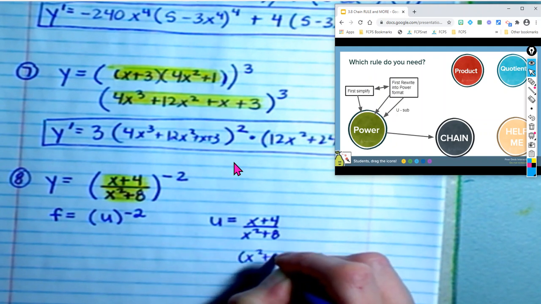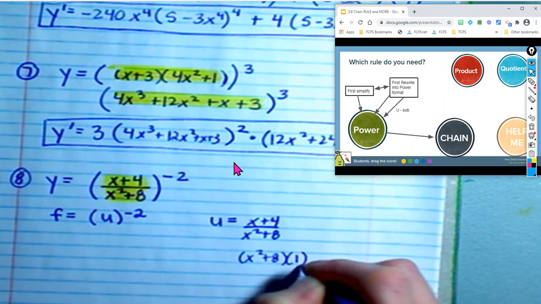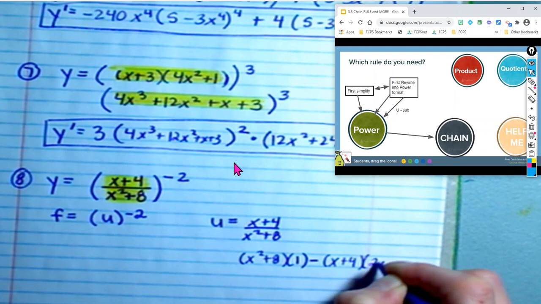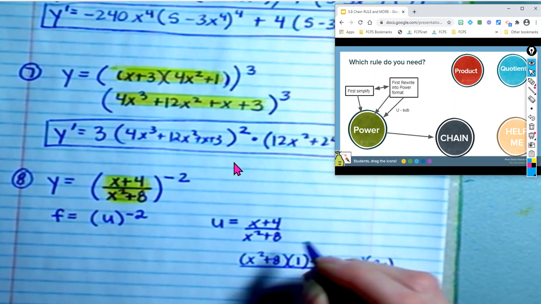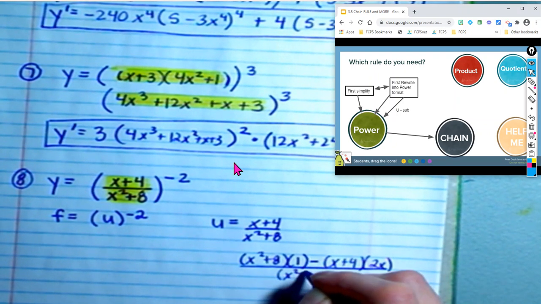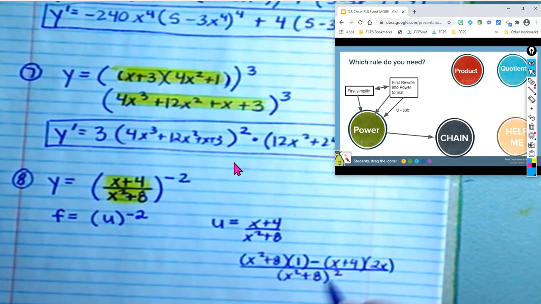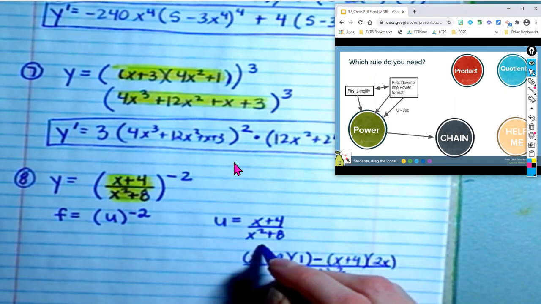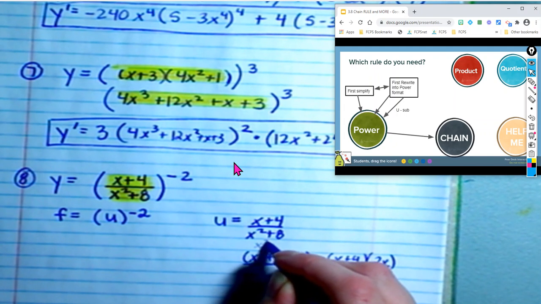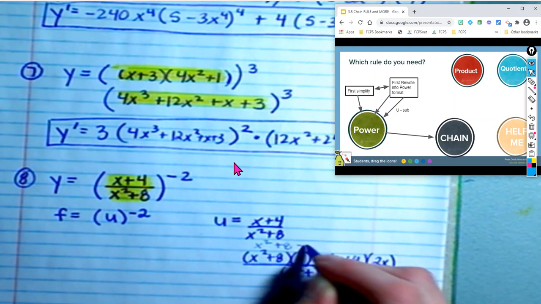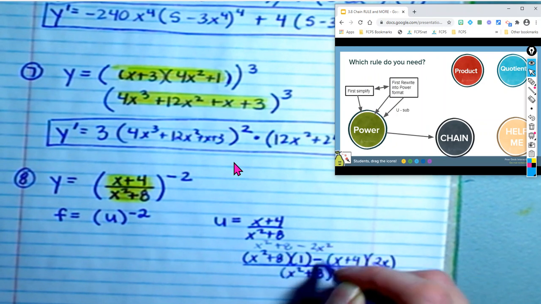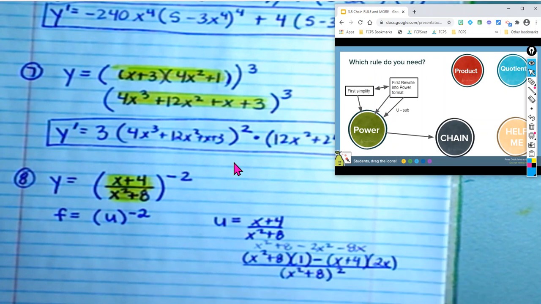Bottom derivative top minus top derivative bottom all over bottom squared. Okay, let's do a little bit of combining like terms. x squared plus 8 minus 2x squared minus 8x.